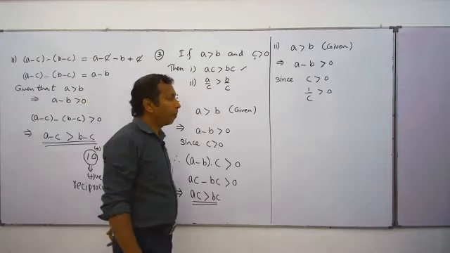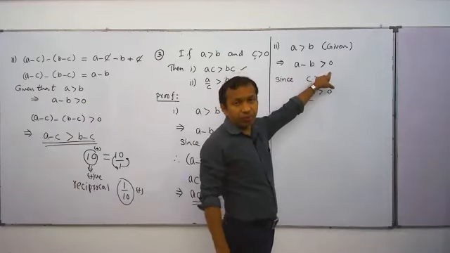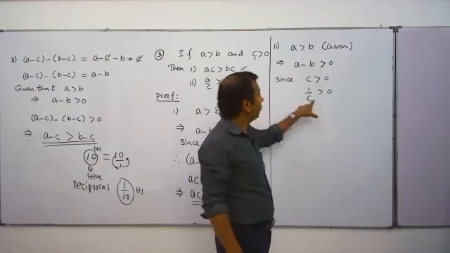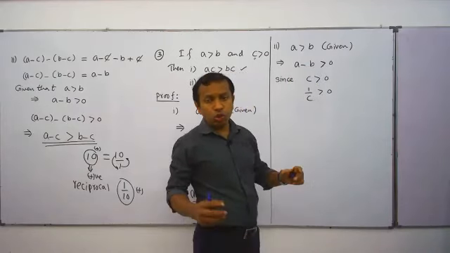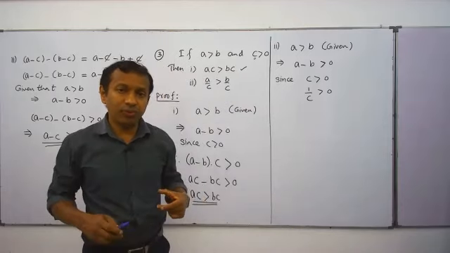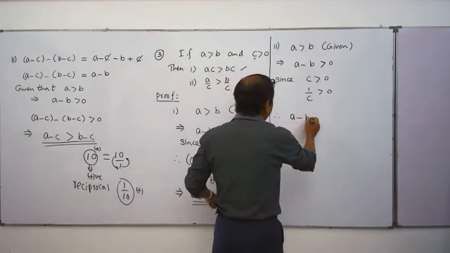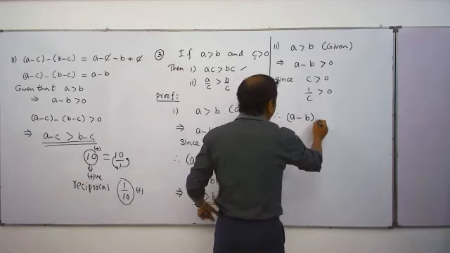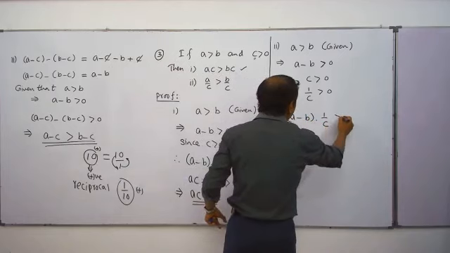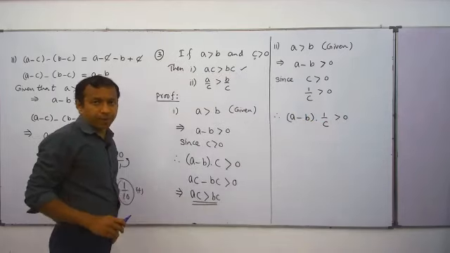Now, this 1 upon C is a positive value. A minus B is a positive value. When you multiply two positive values, people, it is again positive. Therefore, A minus B into 1 upon C is greater than 0.